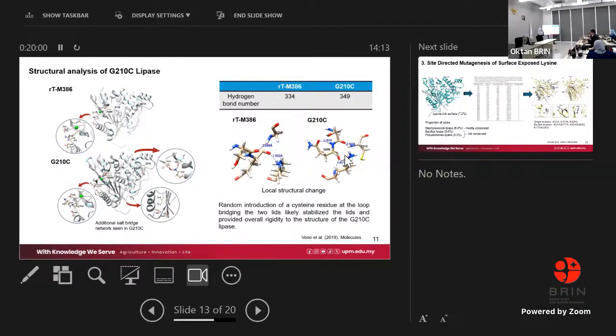I didn't show that here. All these intramolecular interactions may contribute to the improved thermostability and improved rigidity of this enzyme. For the local structural change, we can see there is a shift in the orientation of this glutamine, and the glutamine has formed two intra-residue bonds compared to the wild type.